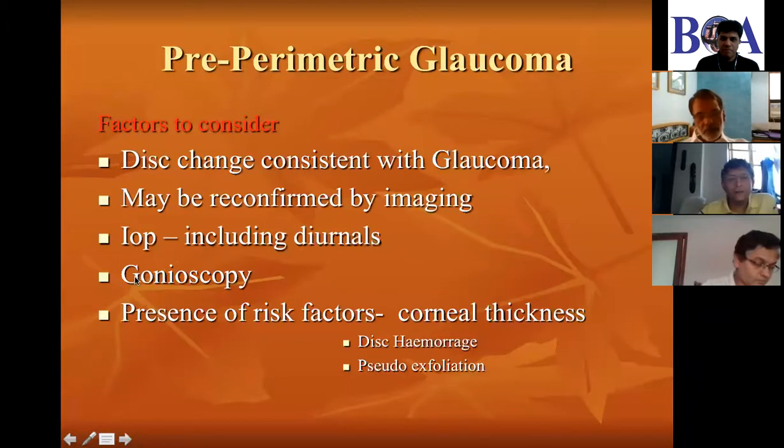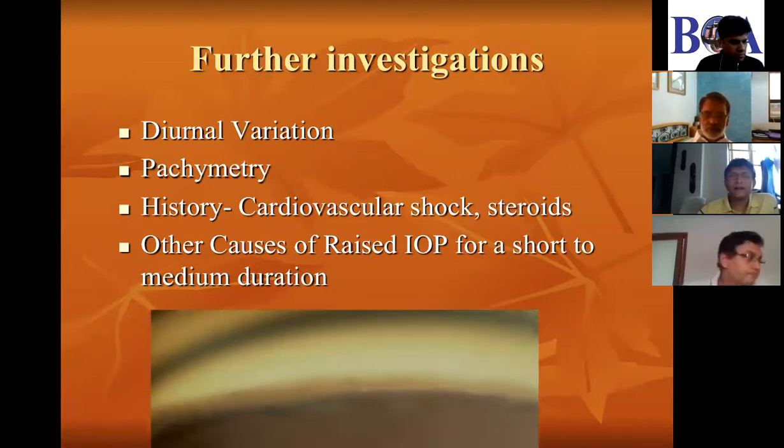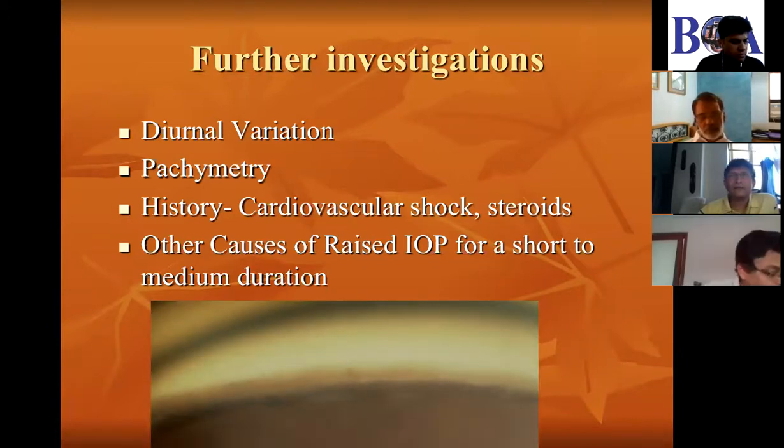Definitely very important, do the gonioscopy and look for other risk factors like corneal thickness, disc hemorrhage, and pseudoexfoliation. These are risk factors which may indicate that these patients may progress faster than other patients. So you would do a diurnal fluctuation, pachymetry, take the history, and look for other causes of short IOP spikes, like what I showed earlier.